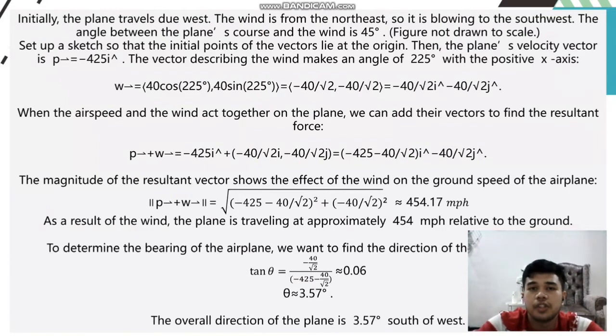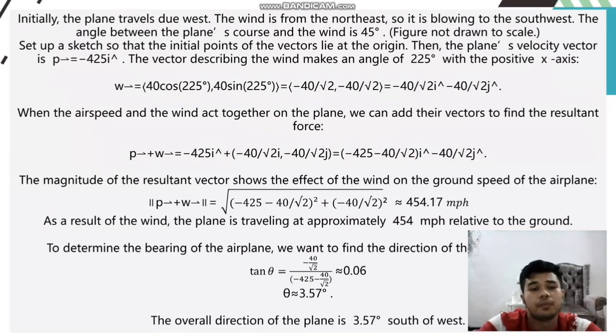To find the magnitude, we use the formula square root of x to the power of 2 plus y to the power of 2. The magnitude of P plus W equals the square root of negative 435 minus 40 per square root 2, to the power of 2, plus negative 40 per square root 2, to the power of 2, and we get the last answer, 454.17 miles per hour.